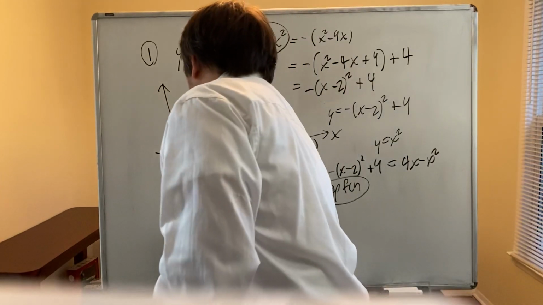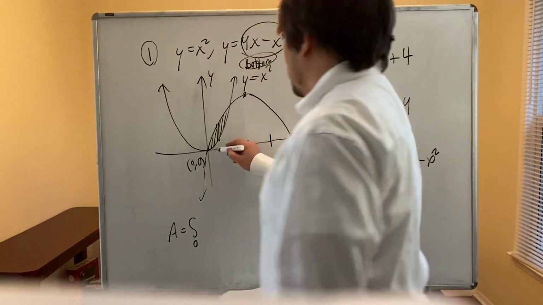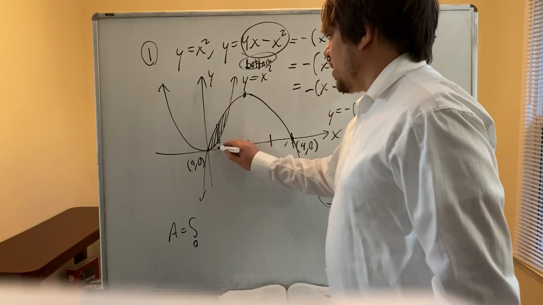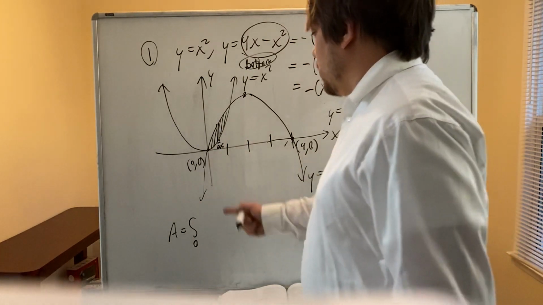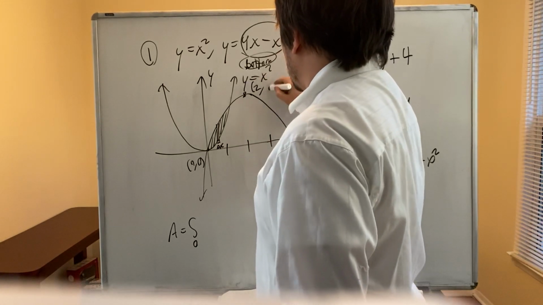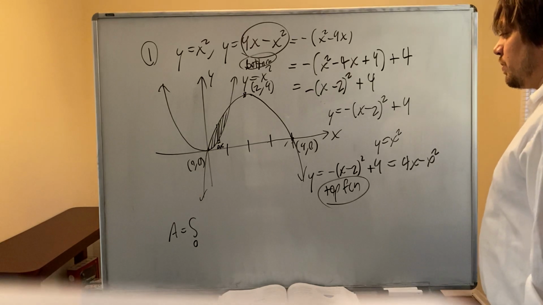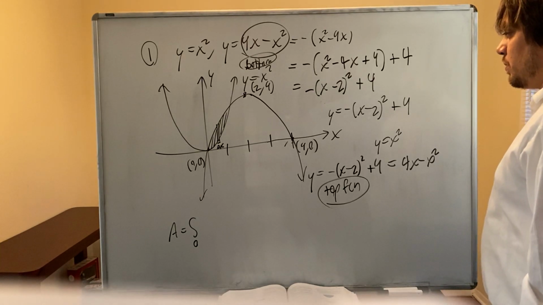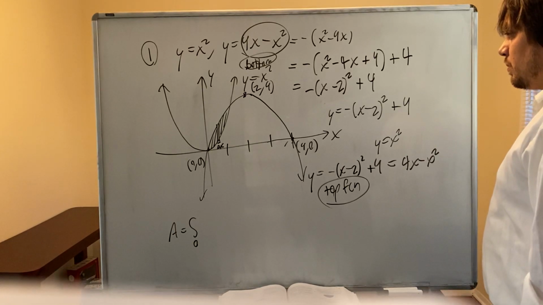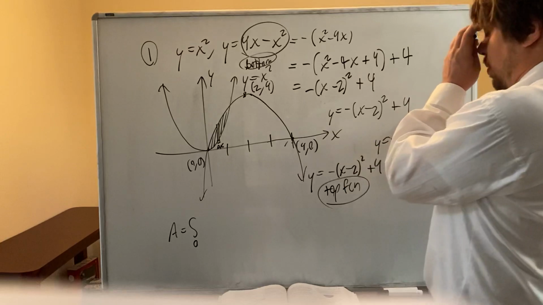So that means the area is equal to the definite integral from 0, because the width of the rectangle is a delta x. So it's from x equals 0 to x equals, this x coordinate is 2. When x is 2, then you get y equals 4.